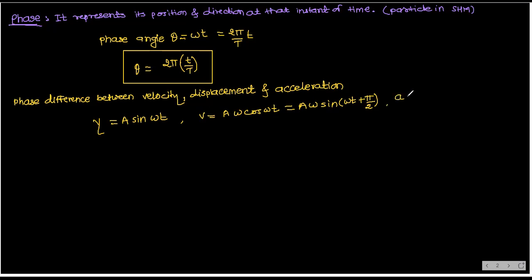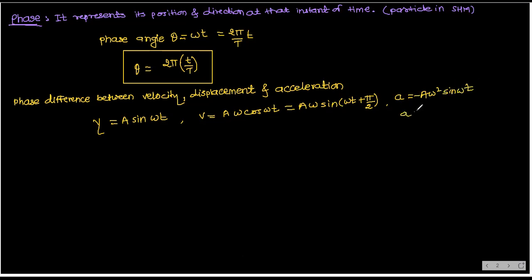And we have acceleration a is equal to minus A omega square sine omega t. Capital A I will represent as amplitude, because everywhere we have represented it as capital A. Here, minus A omega square sine omega t.